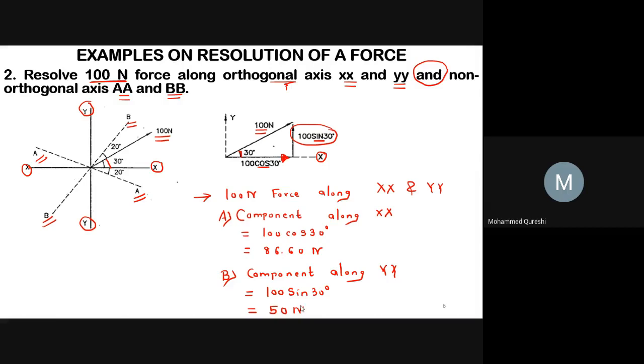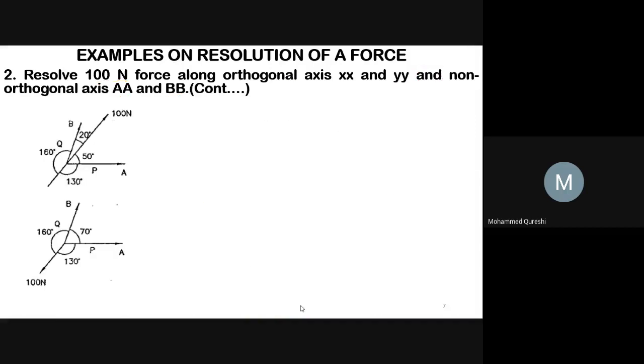So we had resolved the 100 Newton force along orthogonal axes x and y. Now we will go through non-orthogonal axes A and B. So this is your A axis and B axis.